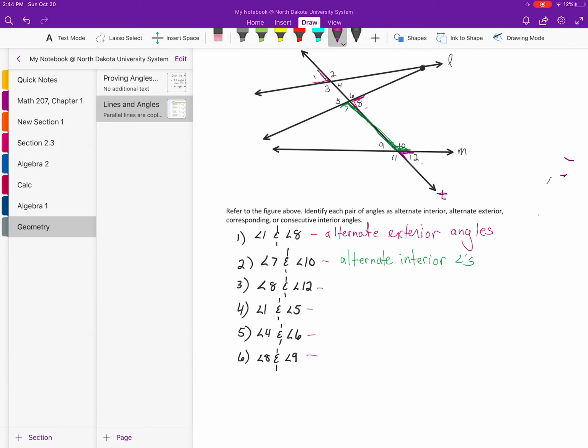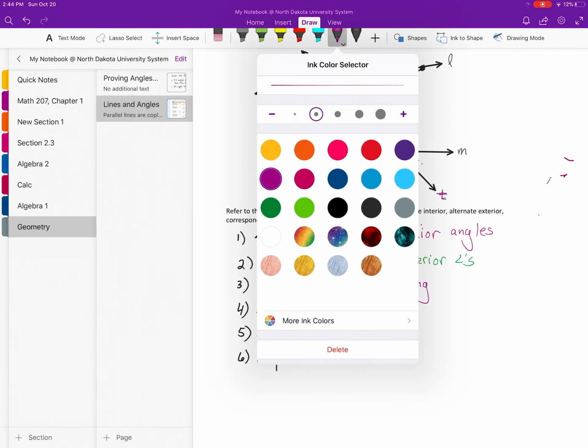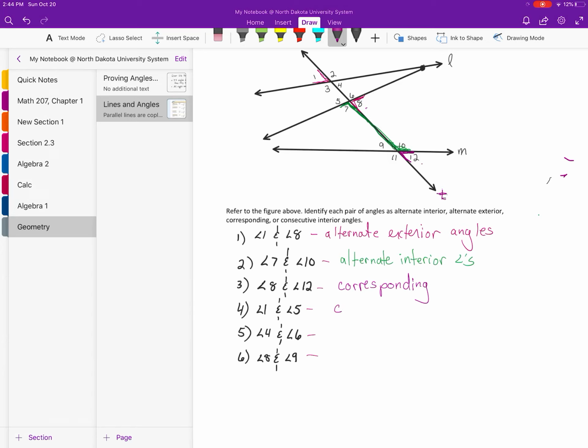They're both on the same side, and they are both in the same position relative to their lines, or in the case of angle 8, line segment, ray. So those are corresponding. What about angle 1 and 5? Don't those also look like they could be corresponding? I like corresponding for angle 1 and 5.